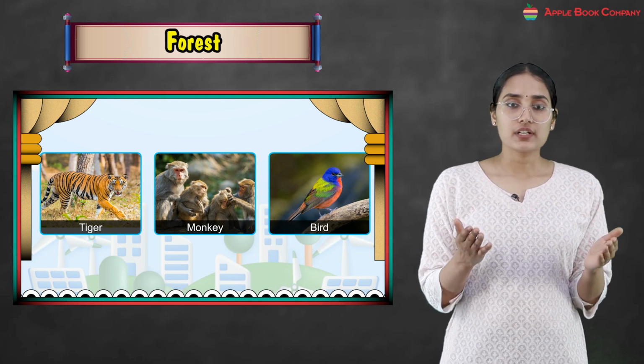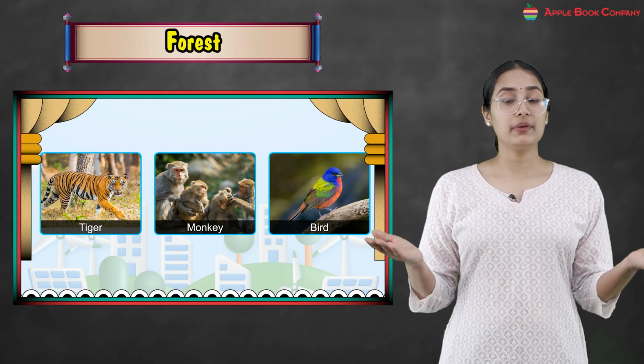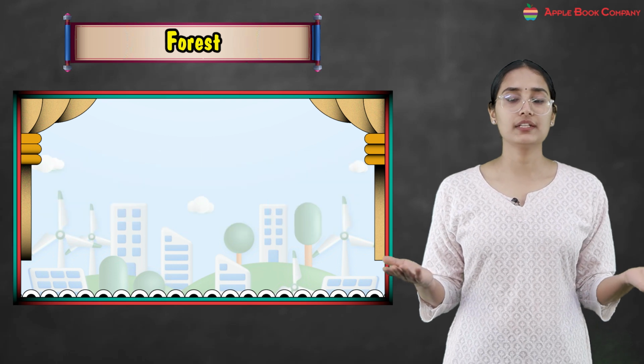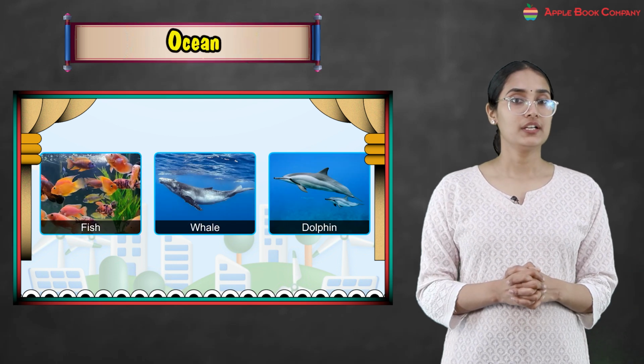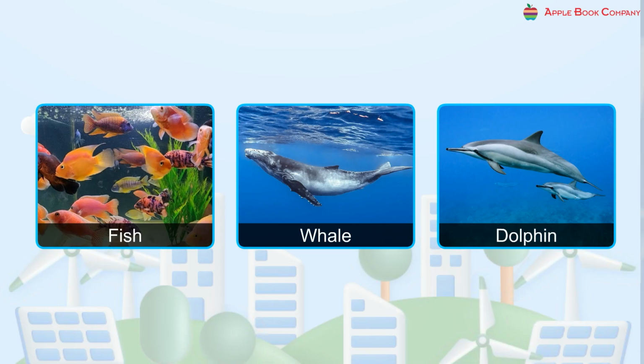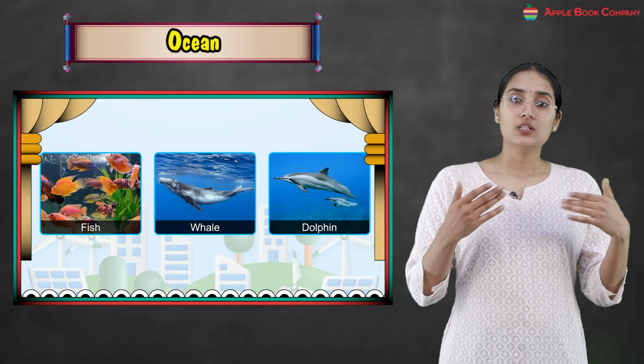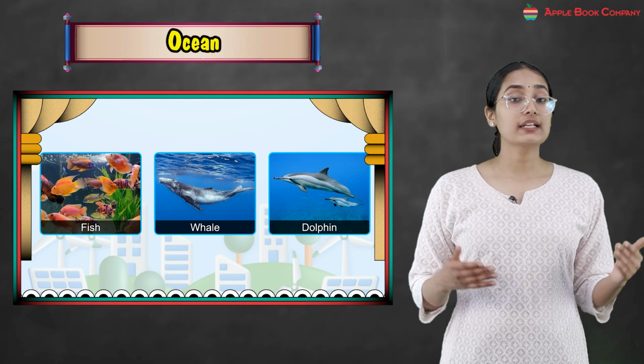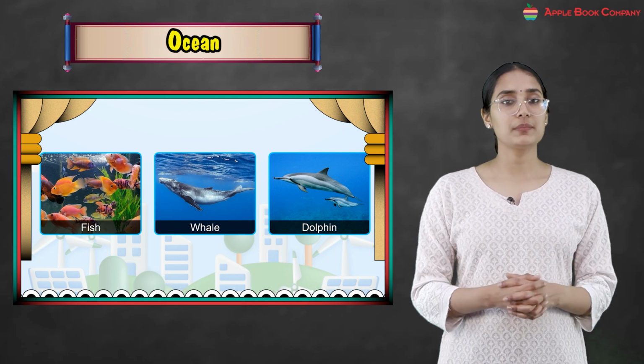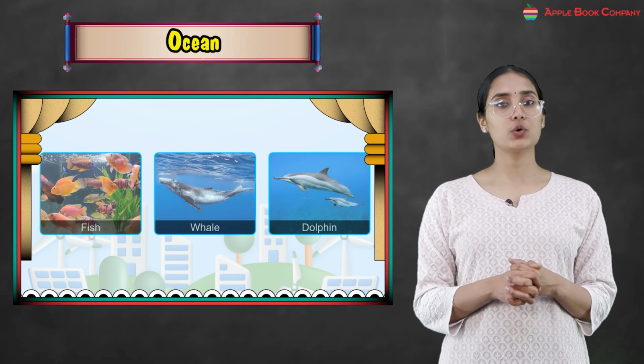Here in the forest, many wild animals live, right? Then there is ocean. Ocean is a home to animals like whales and dolphins and many other small fishes, okay? So most of the animals that live in the water basically live in the ocean.